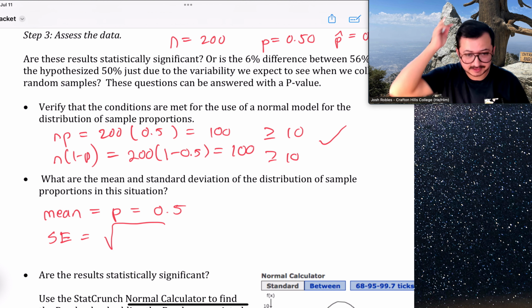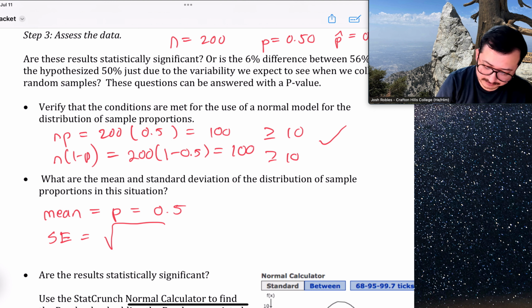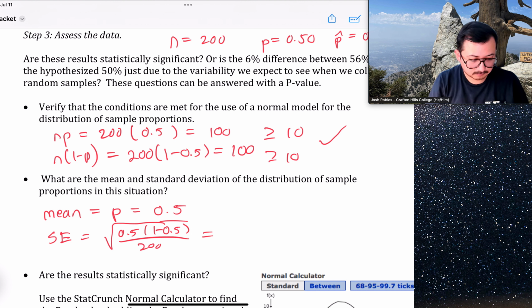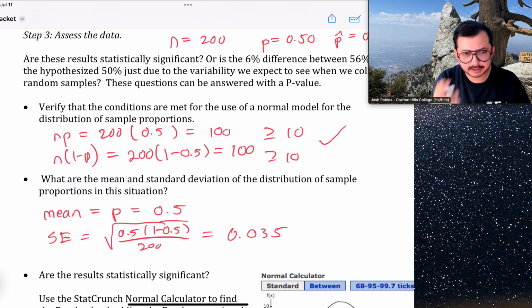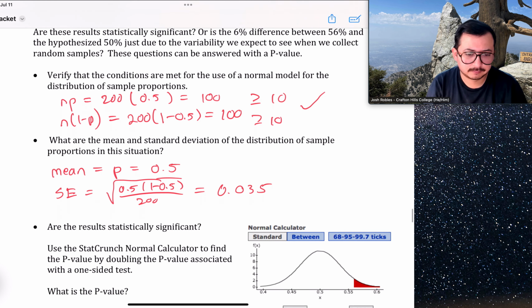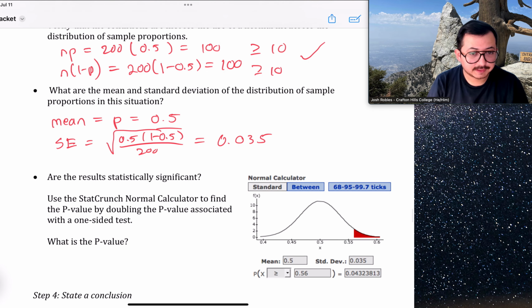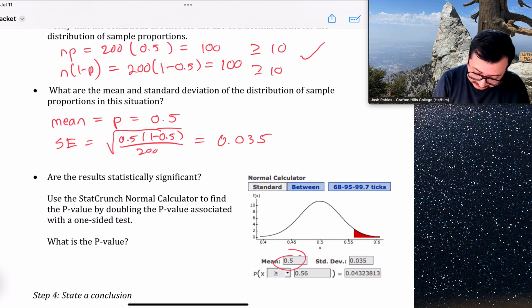Sometimes you could have a previous estimate, but this time we have p, so 0.5 times 1 minus 0.5, divided by 200. That's 0.035. Three decimal places is probably good enough.